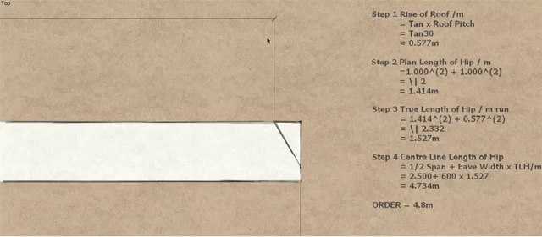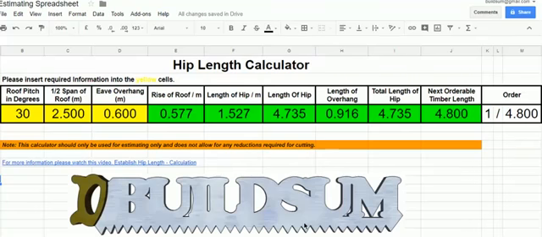What I've also done, if you're interested, I'll put a link in the comments. I've done a quick little spreadsheet. With this spreadsheet and all my spreadsheets, all you do is just fill in the yellow parts, and the green parts will give you your answers. So this is the same calculation that we just looked at. So 30-degree pitch, 2.5 metre half span, 600 mil overhang.